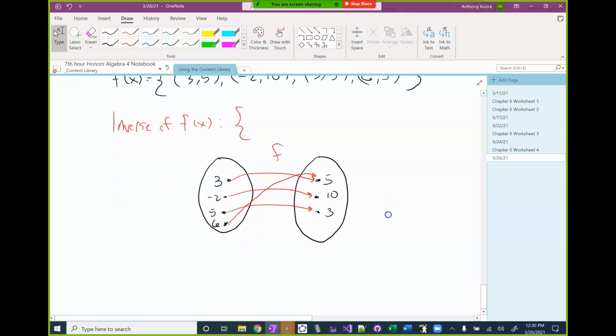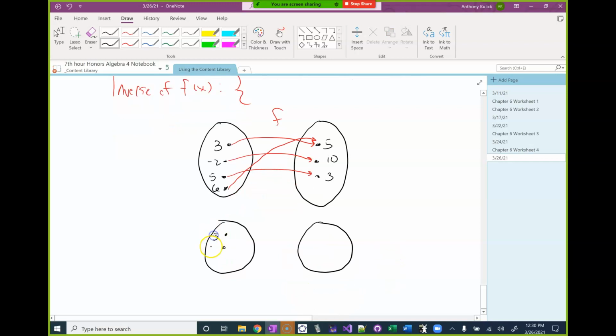So if we wanted the inverse, the domain for our inverse is going to be the same as the range of f, and the range for our inverse should be the same as the domain for f, since it's just trying to reverse the direction. But it should also go to 6, 2, and 3 should go to 5.